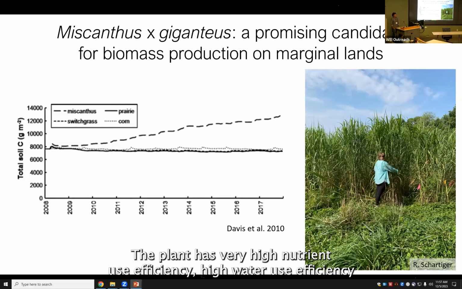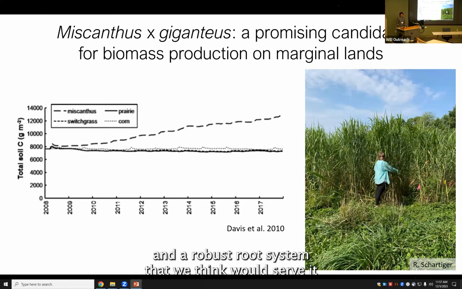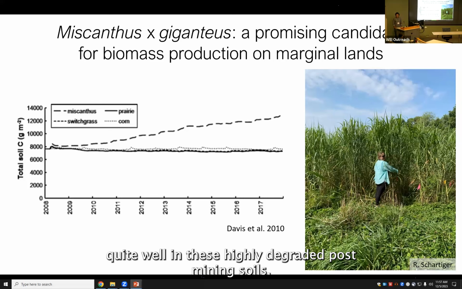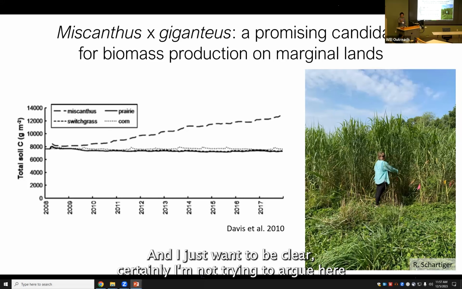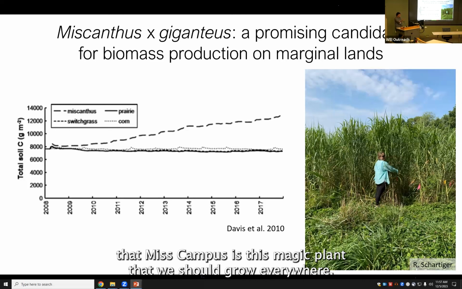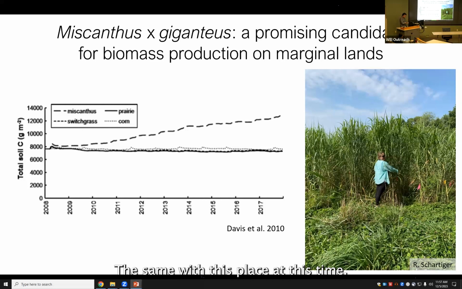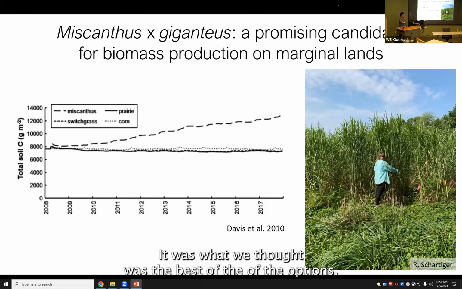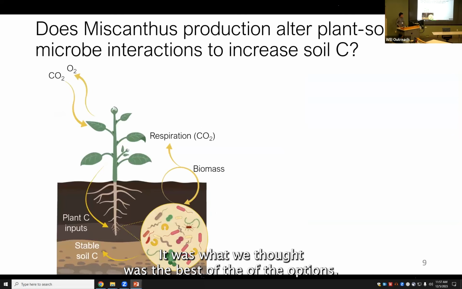The plant has very high nutrient use efficiency, high water use efficiency, and a robust root system that we think would serve it quite well in these highly degraded post-mining soils. And I just want to be clear, certainly I'm not trying to argue here that Miscanthus is this magic plant that we should grow everywhere. Just saying for this place at this time, it was what we thought was the best of the options.